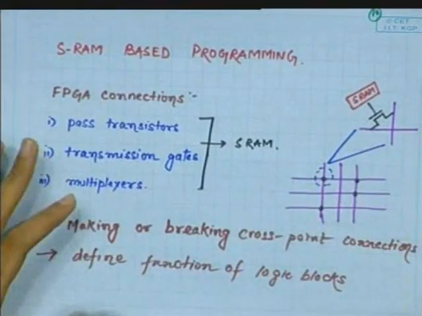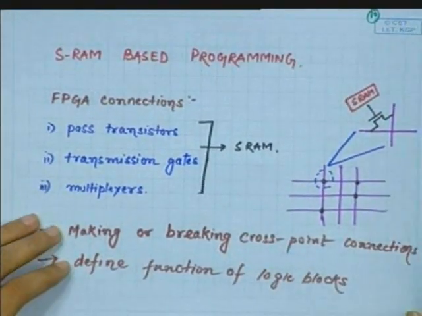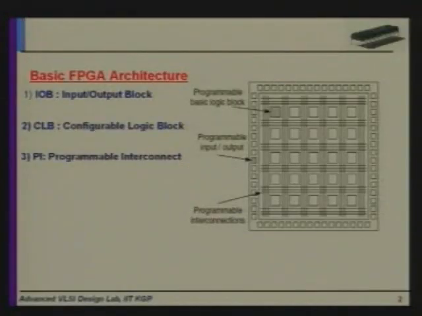Now, SRAM based programming. Let us look at the basic FPGA architecture. What does an FPGA architecture contain? Basically, there are some combinational logic blocks.